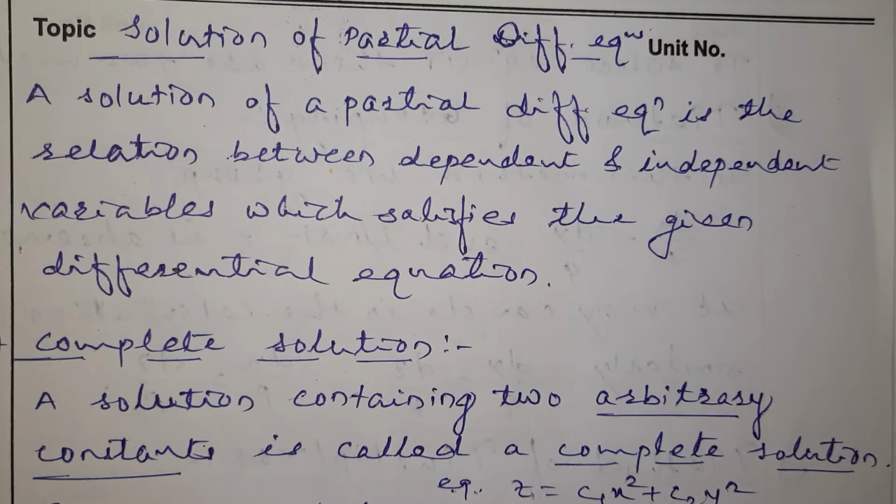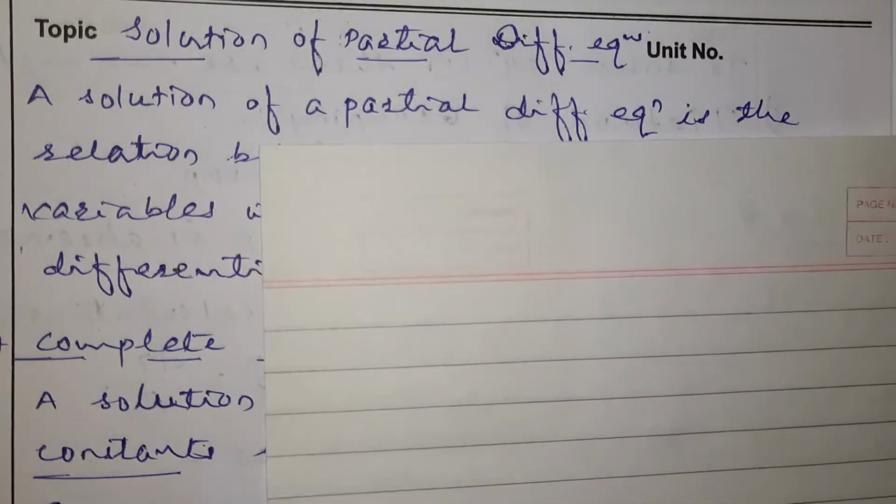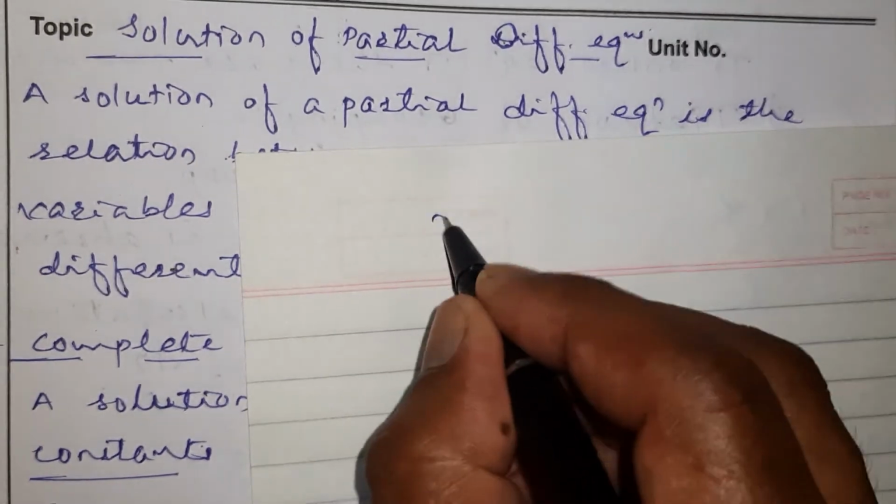But what is meant by solution first? Solution is the relation between dependent and independent variables, and that relation must satisfy the given partial differential equation. Clearly, a solution is a relation between the dependent variable and the independent variables. Now, you may get confused here. What is the meaning of dependent variable and independent variable? So here I will tell you that I have z.